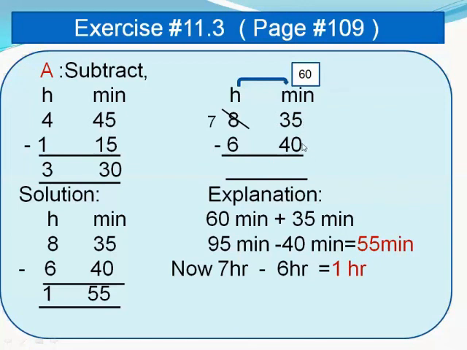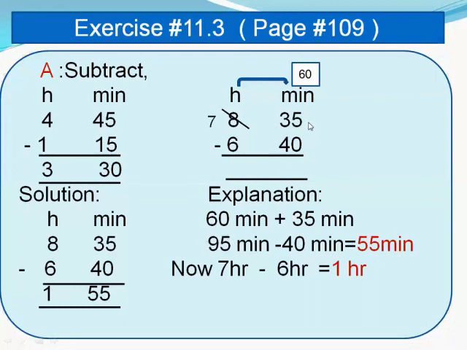So we borrow: move to the hour column and borrow from the 1 hour. 1 hour has how many minutes? 60 minutes. So we add 35 minutes plus 60 minutes, which is equal to 95.